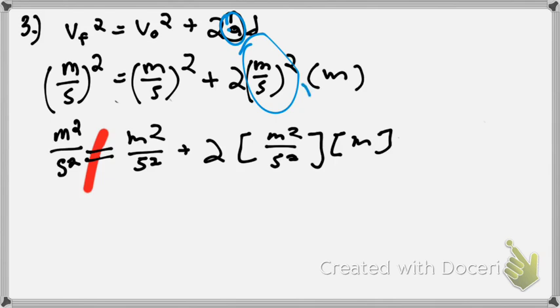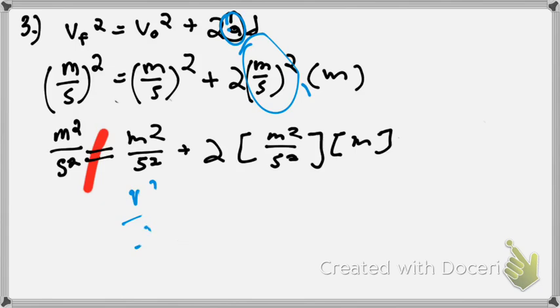Did you see that? So that's where we messed up. So does the units add up? So does meters cubed over s squared equal meters squared over s squared? No, right? So that's how you know we did something wrong.